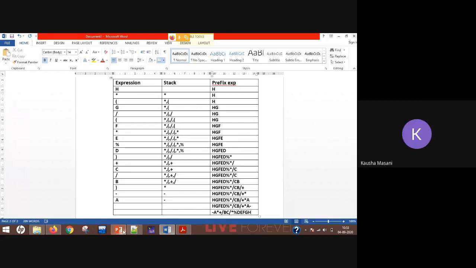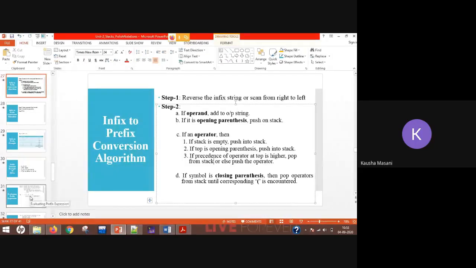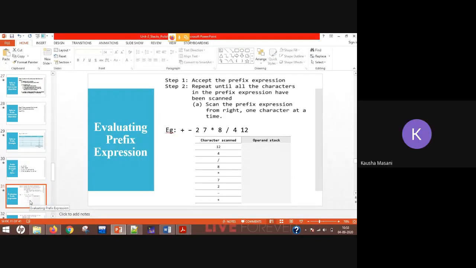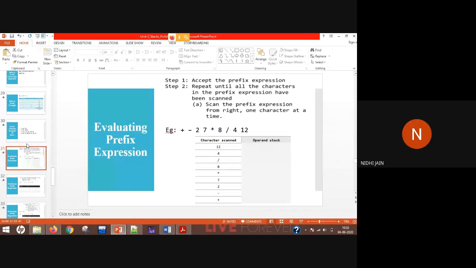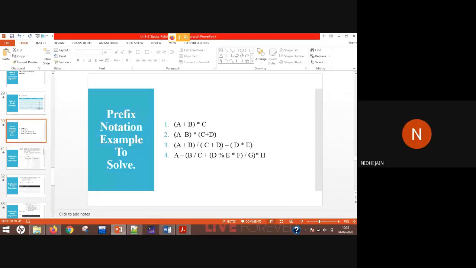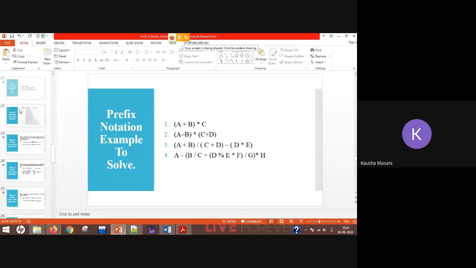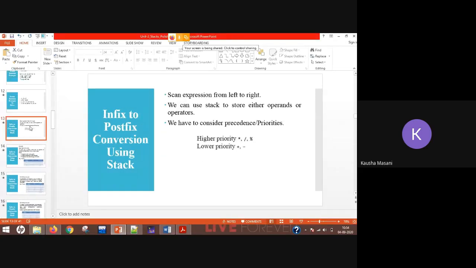Okay. Ma'am, shall we move forward now? Yes. Ma'am, I have a doubt, a question actually. Nidhi. Ma'am, how do we check the precedence level of operators in this question? The precedence level of operators, that is what we have discussed here. See, higher priority and lower priorities, or you can say the precedences.